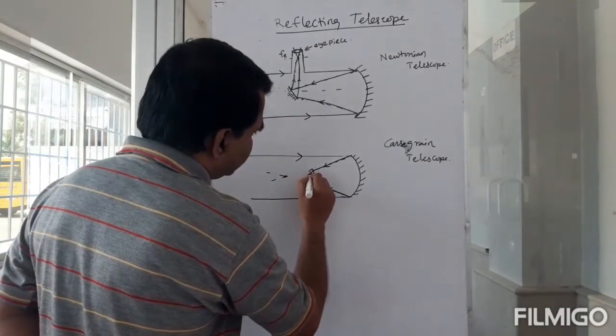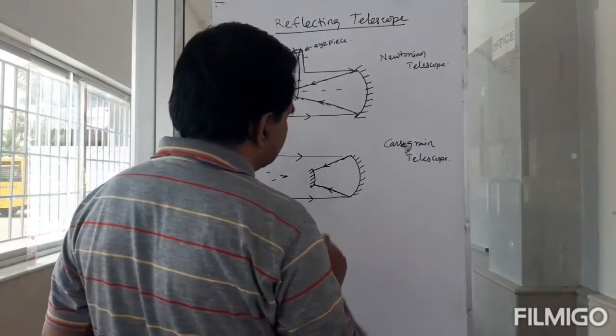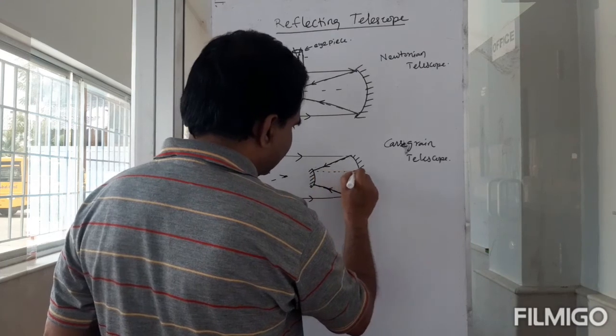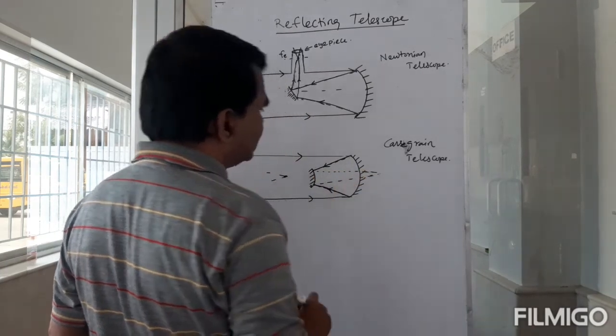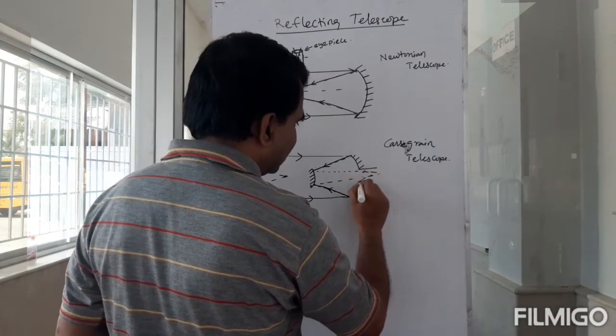And what now happens is that this will reflect the light in this direction. Now you make an opening here and allow that light to pass.